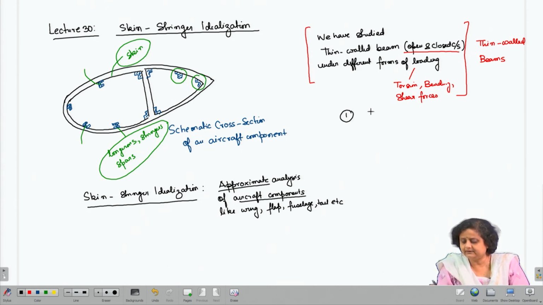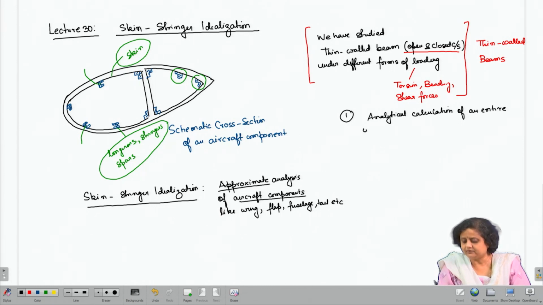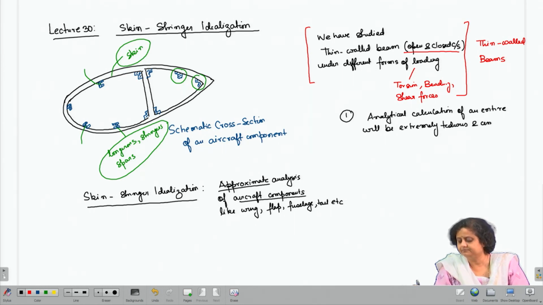the first point is that analytical calculations for an entire component will be extremely tedious and cumbersome.